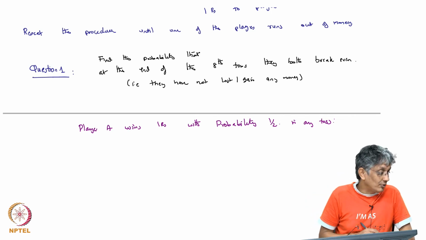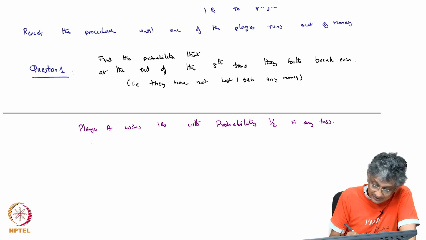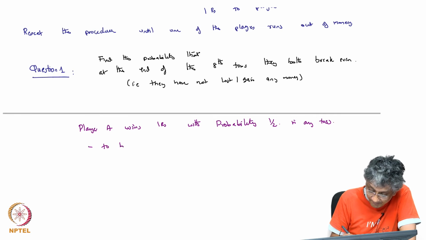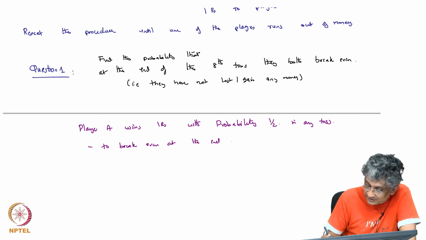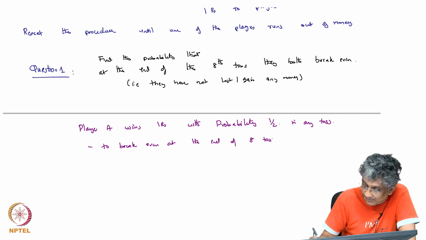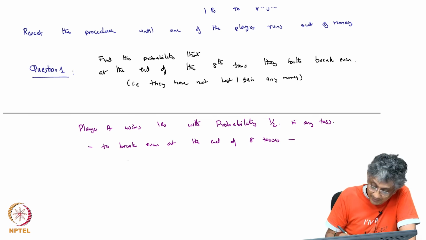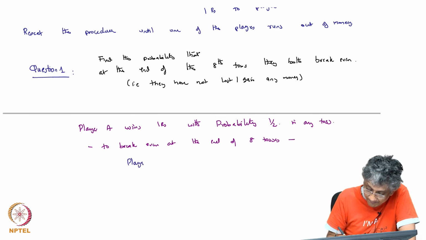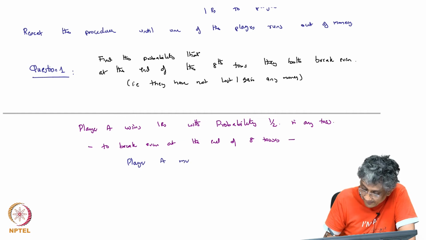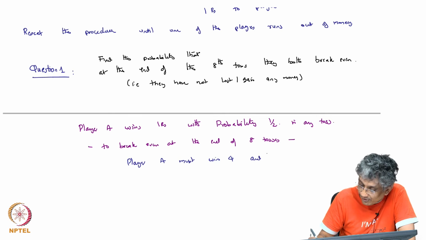That means the only way to break even at the end of 8 tosses is that player A must win 4 and lose 4 times.